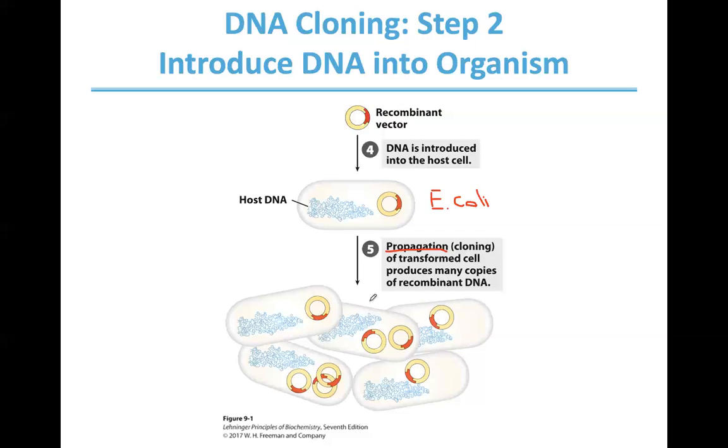You can see the single cell can divide as well. From a single cell, we have 6 cells here, but the plasmid by itself can also undergo replication, right? So it's a double process, replication of the plasmid as well as replication of the cell, which can produce multiple copies of recombinant DNA.